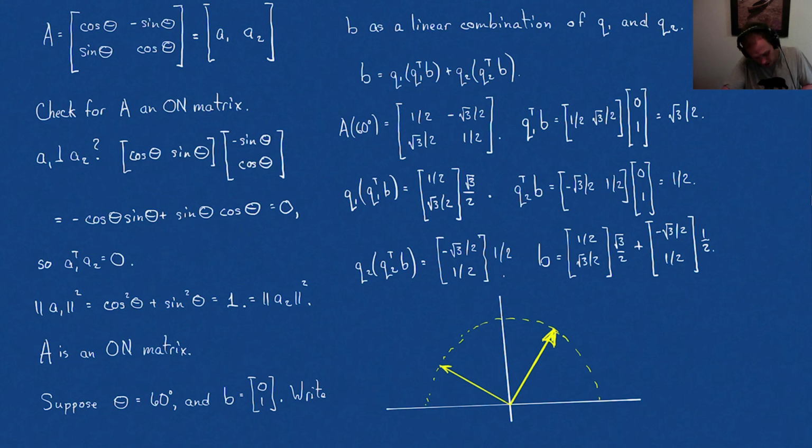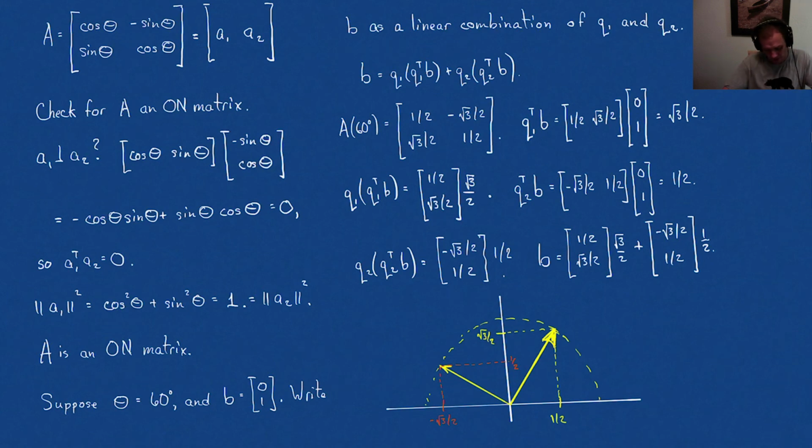And so here's my basis vector. Q1 or A1 is 1/2 and then √3/2. And that really shouldn't surprise you, because these are just 30, 60 right triangles. And then Q2 is minus √3/2, so that'd be right here, and then this is going to be 1/2.